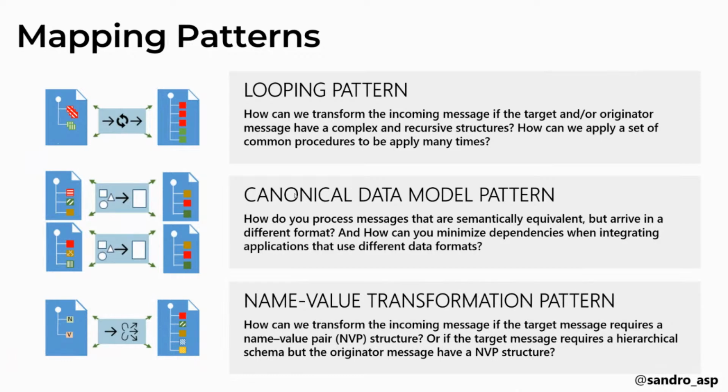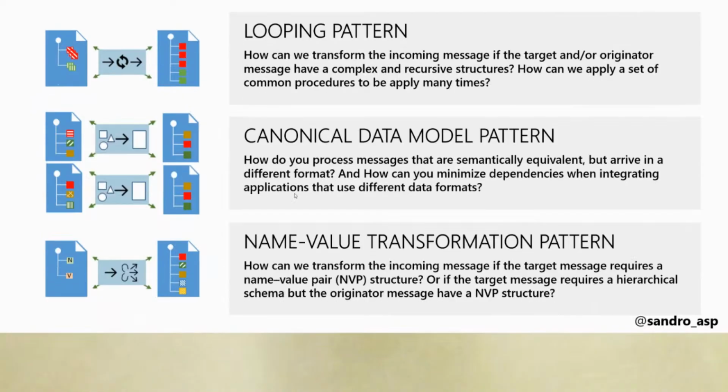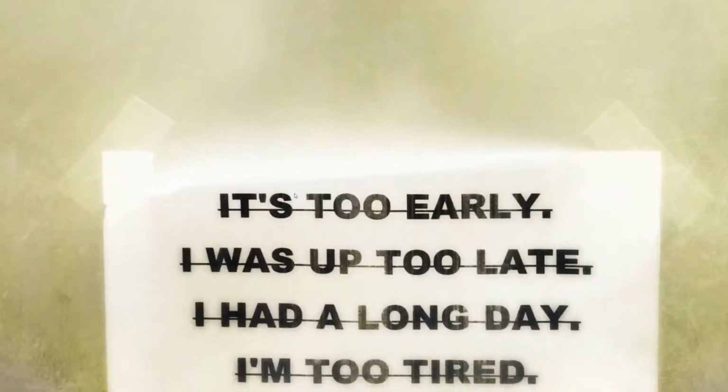This can be done easily with XSLT mappings and transformations. So these 12 mapper patterns appear a lot in our daily transformation needs, and all of them are described in the book.